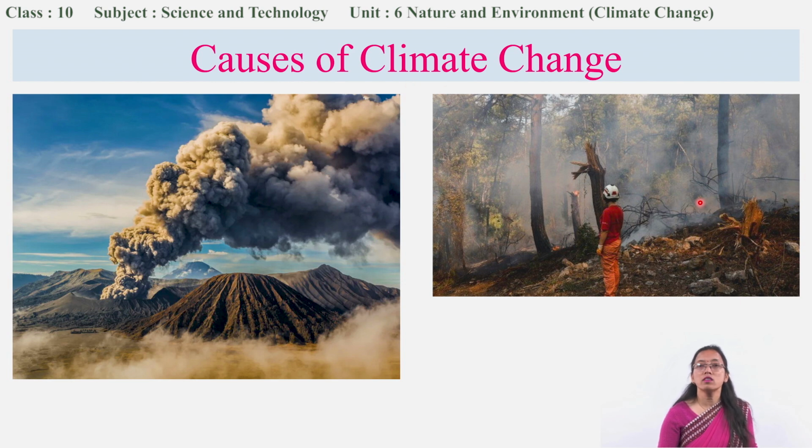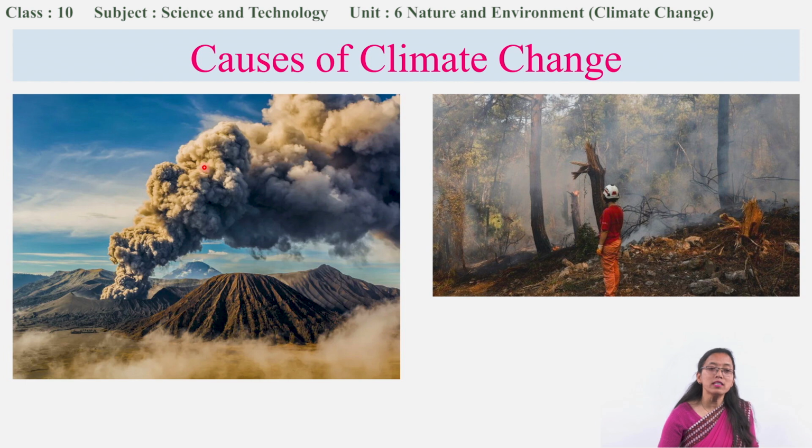How does it occur? Let's discuss. These climate changes are classified into two types. This is a natural cause. It is not a human-made cause. It is not made by humans. Naturally it happens.